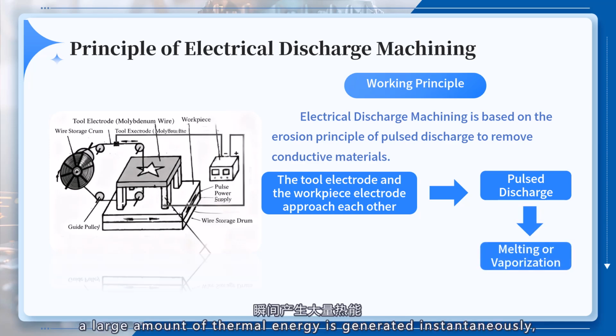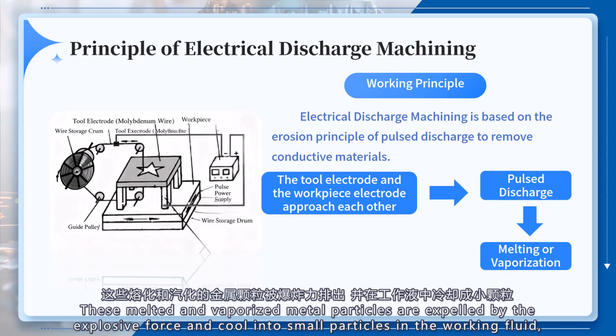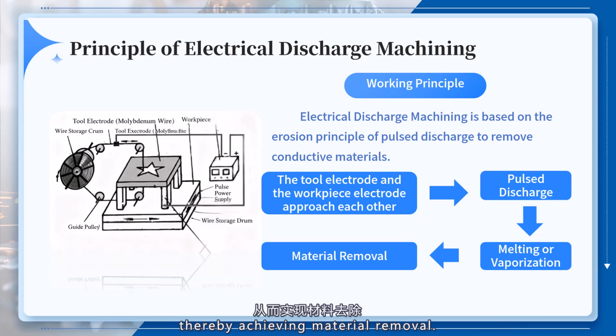Within the discharge channel, a large amount of thermal energy is generated instantaneously, causing the local metal material to melt or even vaporize. These melted and vaporized metal particles are expelled by the explosive force and cool into small particles in the working fluid, thereby achieving material removal.